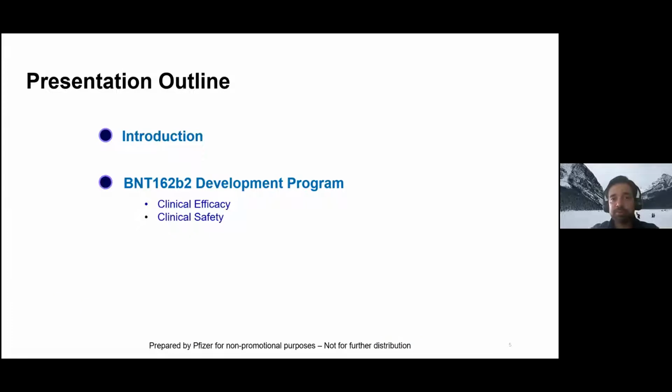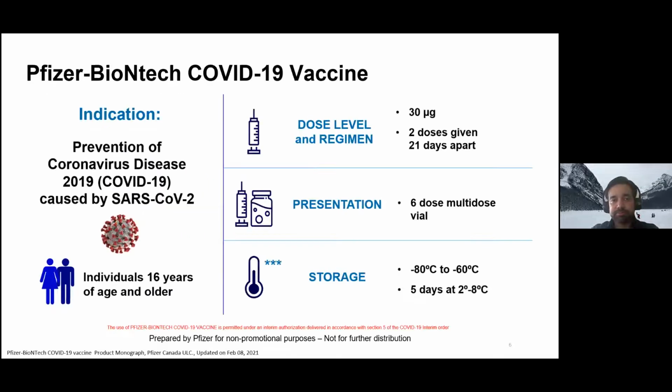Here's my presentation outline today. I will start with a few introductory slides that build on what Alex just presented, and then I will get into the vaccine clinical development program.